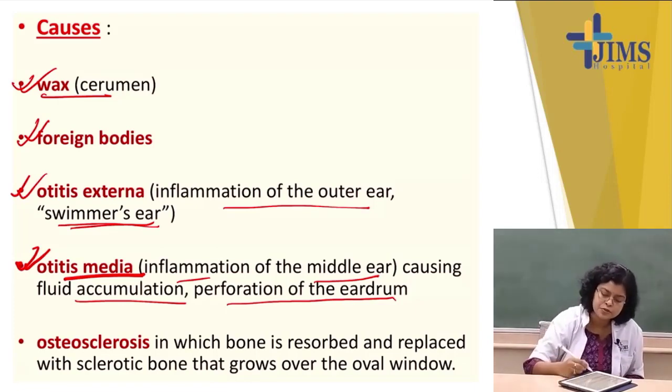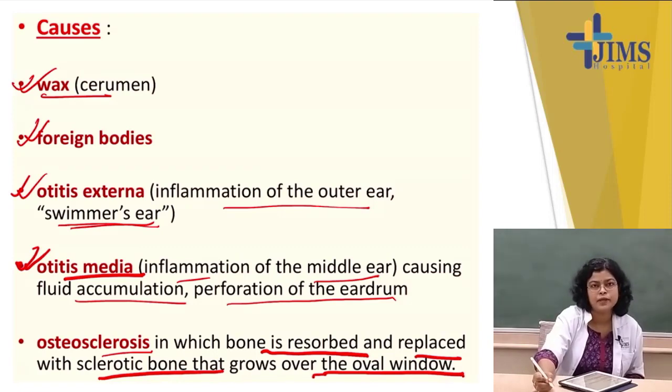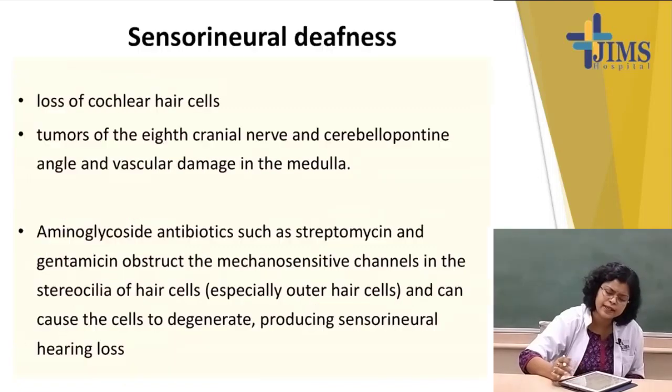Another is otosclerosis, in which the bone is resorbed and replaced with sclerotic bone that grows over the oval window. The stapes becomes fixed to the oval window, which leads to a problem in conduction. This is about conductive deafness.